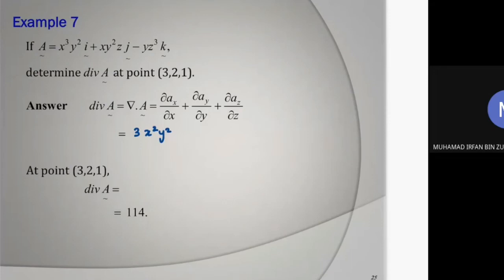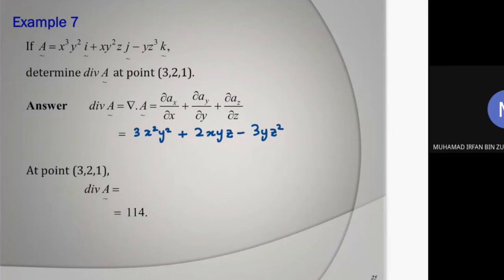Differentiate with respect to x for the first component, plus differentiate with respect to y the second component of your A, then you will get 2xyz. Then differentiate A_z with respect to z, you get minus 3yz squared.